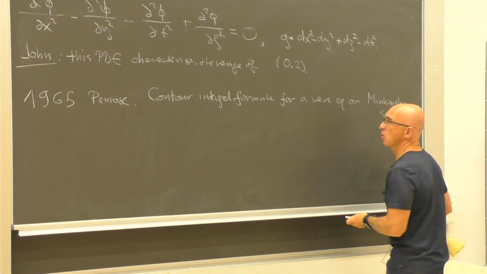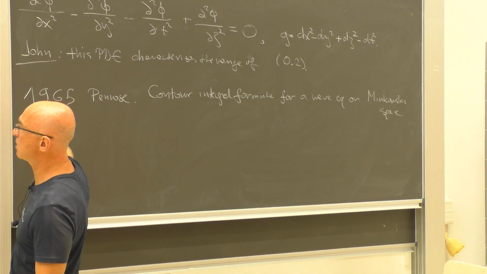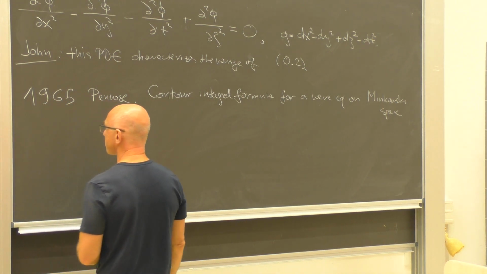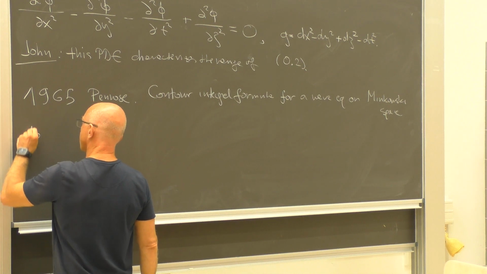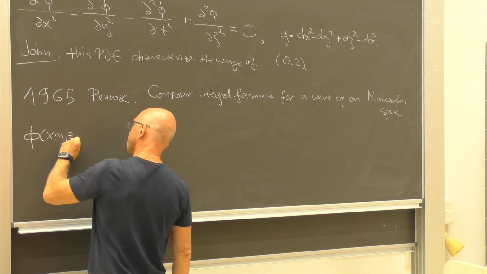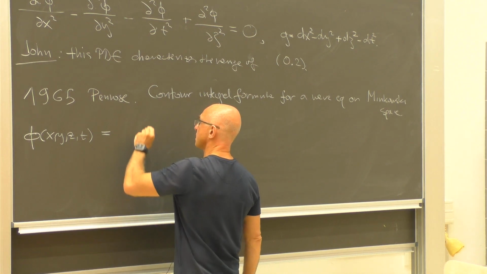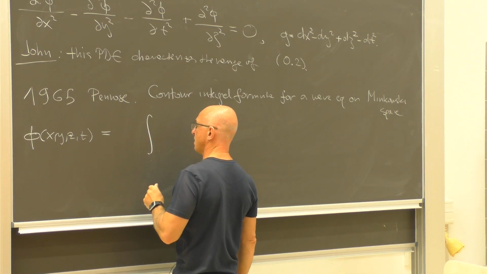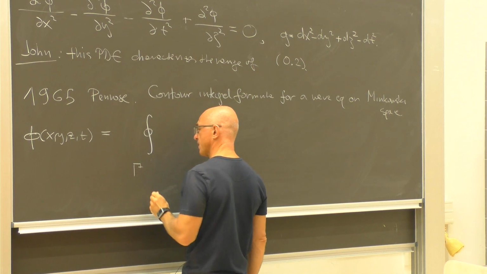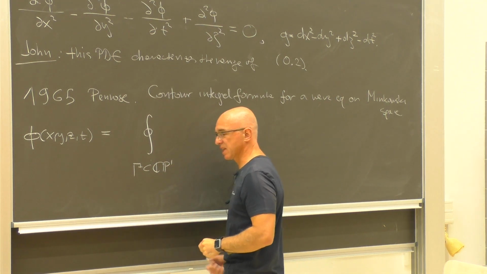Okay, so I'm going to write down this formula out of the blue, but then we will see that this formula really is very close, well, it's an analytic continuation of the previous one. So phi of x, y, z, and t, now complex numbers will come in, so the integral I'll be working with will be a contour integral, and there'll be some contour gamma in CP1, this complex projective line.